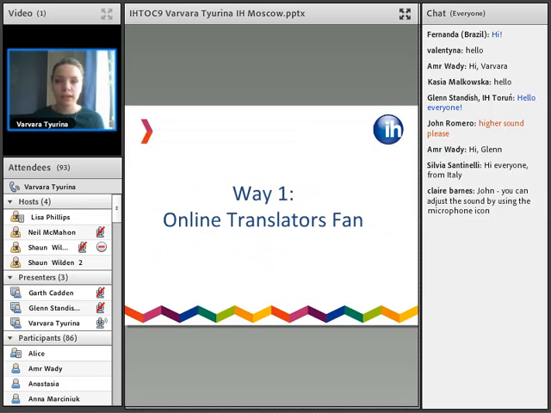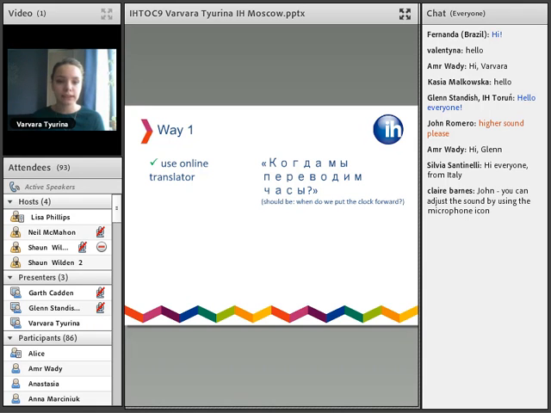Way one, I call it online translators fan. So the student goes to the online translator. So here is the sentence that he has. He uses the online translator to check the translation of one word that he doesn't know. In our case, this is the word переводить.